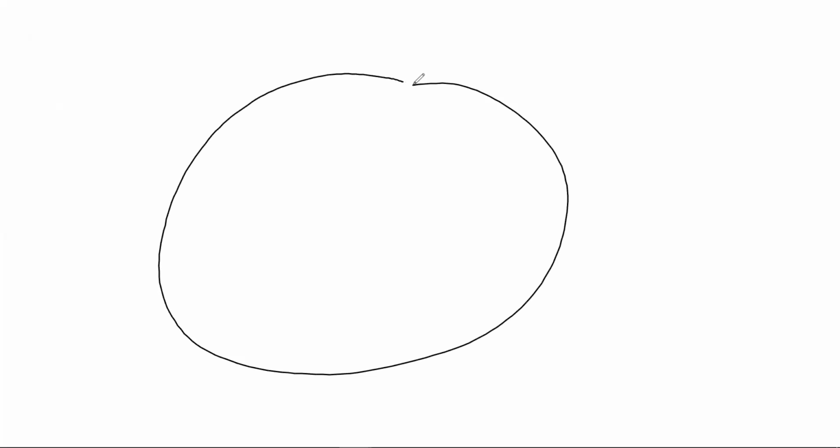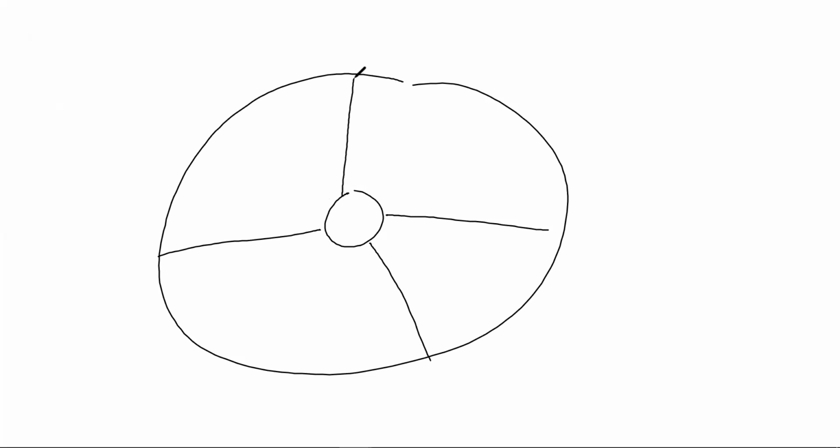Now, what do we know about the cell cycle? Well, it's a big old circle, let me just draw that. I don't know why I put this circle in the middle, I just do. The cell cycle is divided into 4 parts.